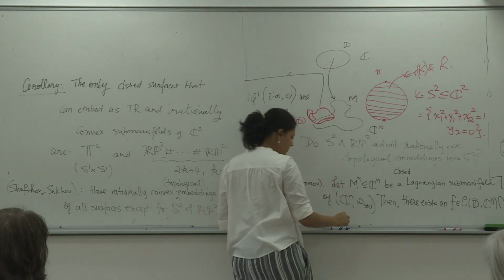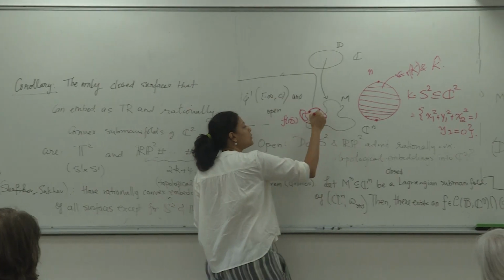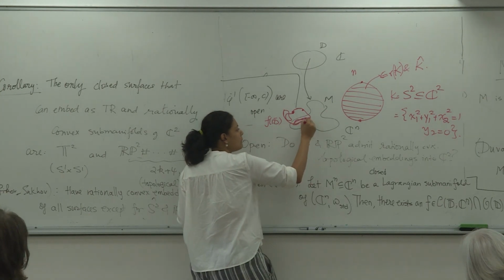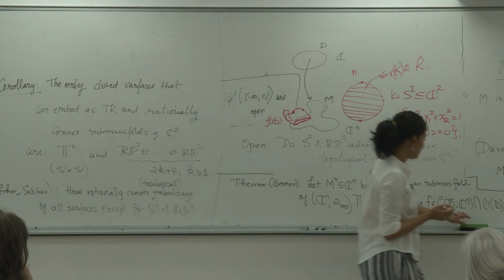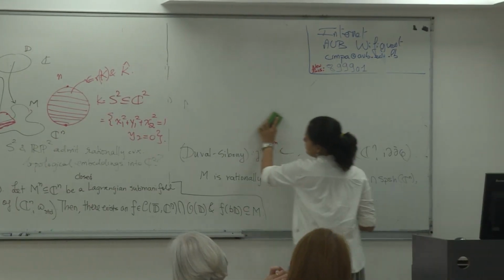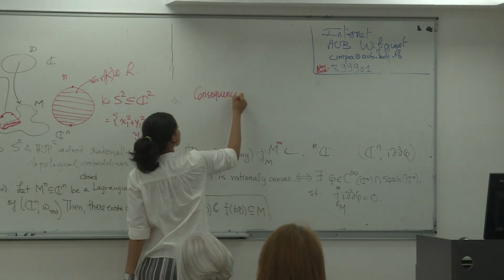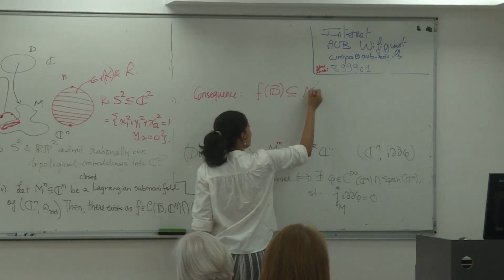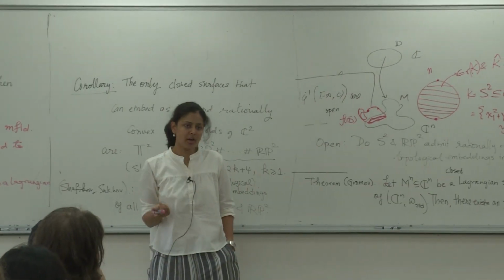By the maximum principle, the absolute values of its values at any point on this disk are going to be dominated by the values on the boundary, and the boundary is sitting inside M. So let me write this down. Consequence: the image of this entire disk is sitting inside the hull, and it's going to give us something extra in the hull.